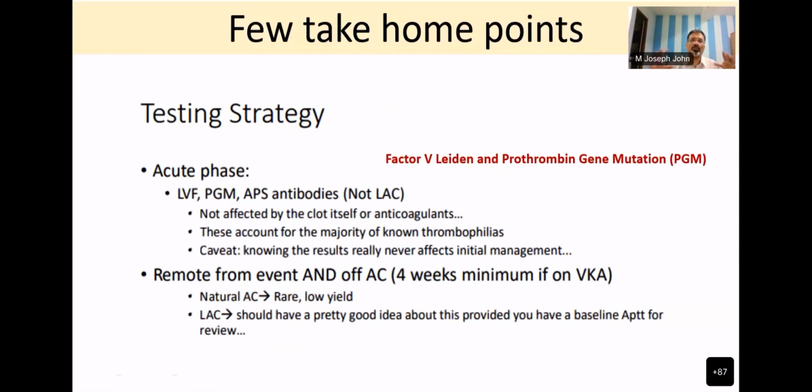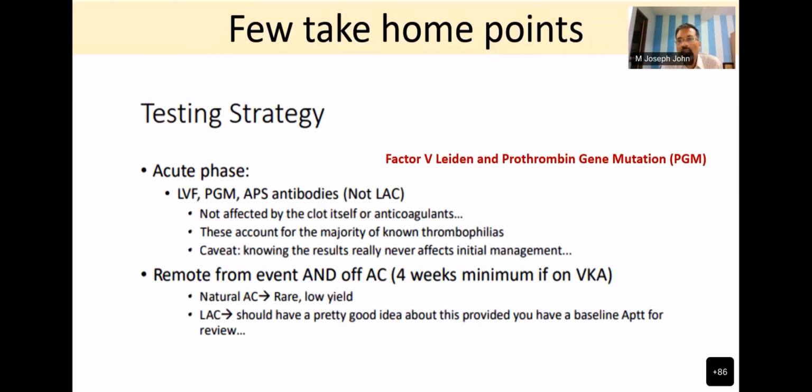Okay, so now take home points before we wind up. Testing strategy in an acute phase: if you were to do antibody testing for lupus anticoagulant, that is reasonable. Looking for factor V Leiden and gene mutations only in situations of unprovoked thrombosis where you want to consider them and the disease status does not warrant indefinite therapy, it may help, but be conservative.